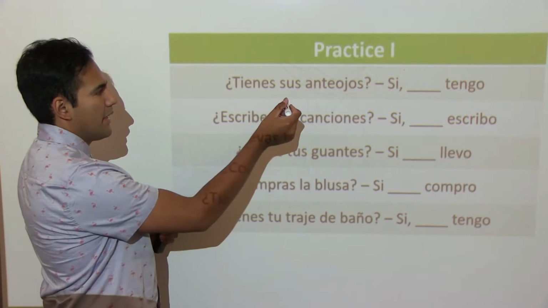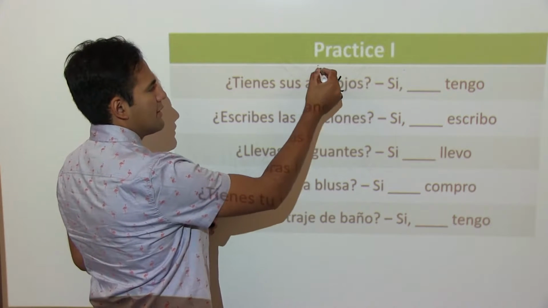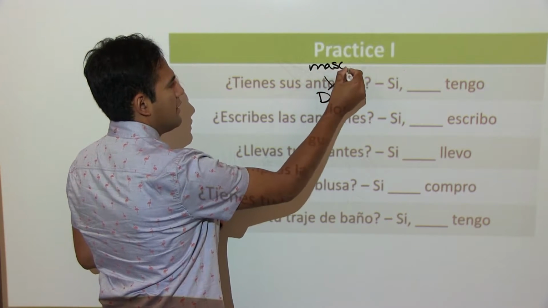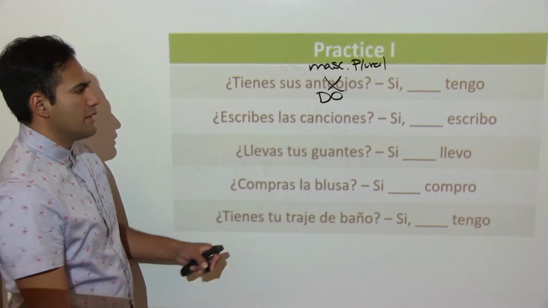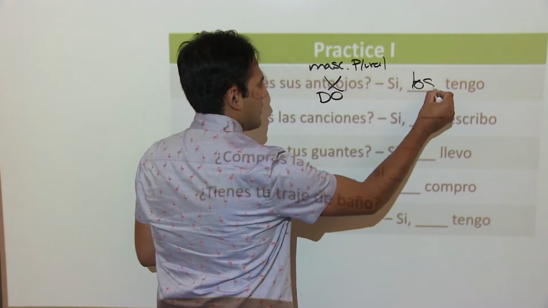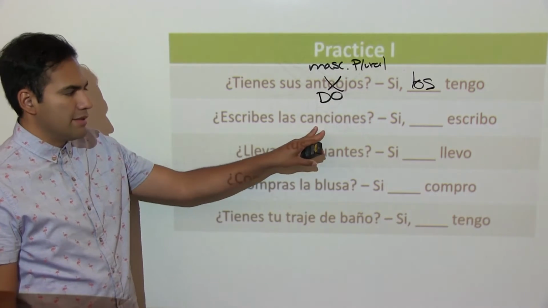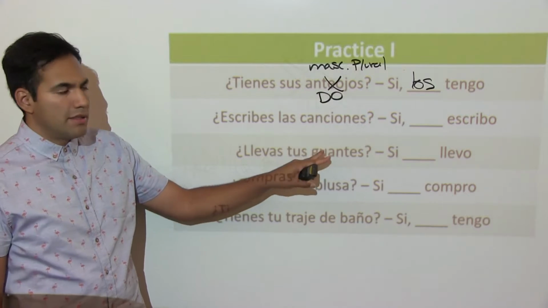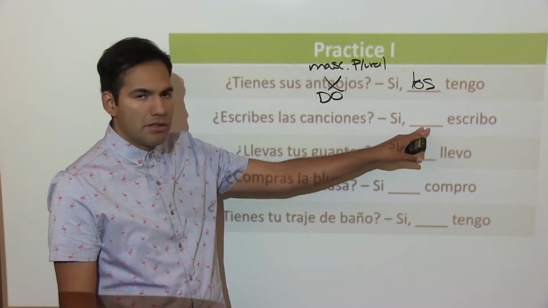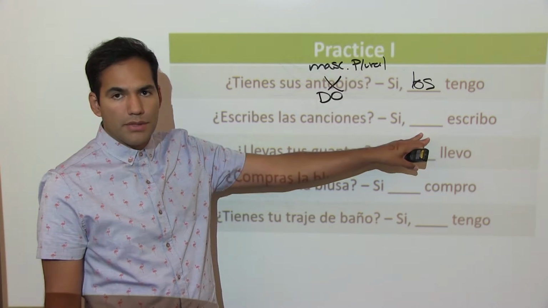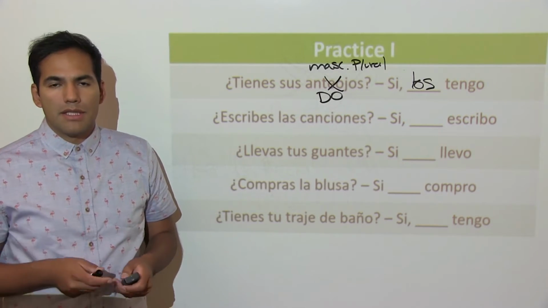Here, the sunglasses is the direct object, and we know that anteojos is going to be masculine plural. Therefore, it's going to be los. That's what I want you to do: determine the gender and quantity of the direct object, and then pick the appropriate direct object pronoun that you're going to use here. Sounds good? So pause the video and we'll check your answers.